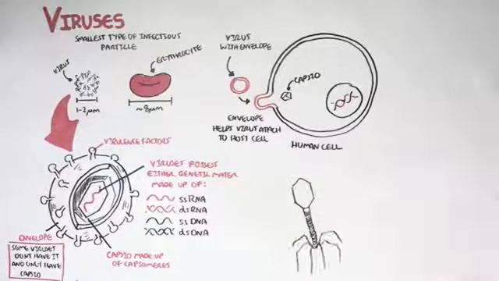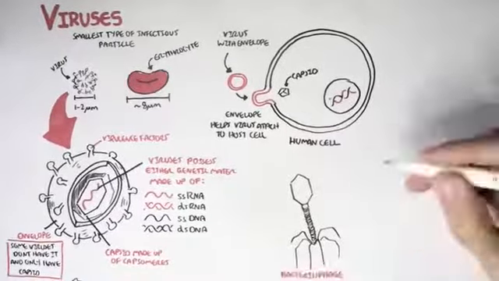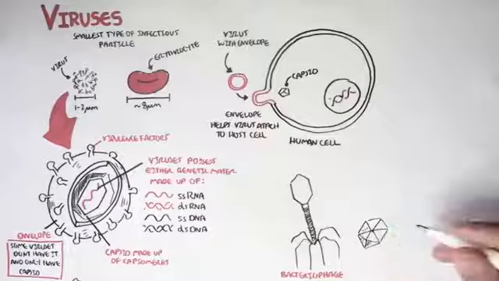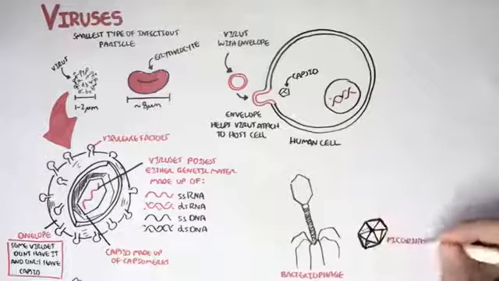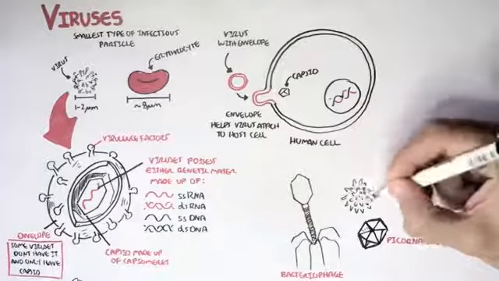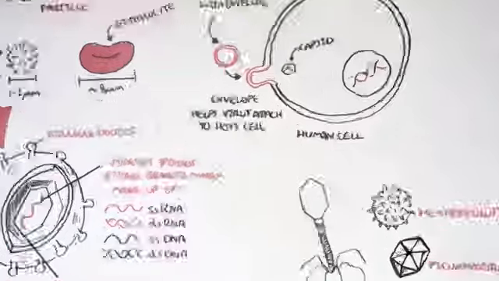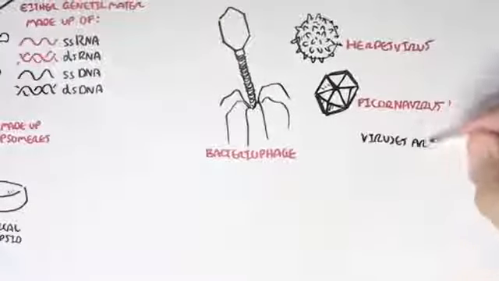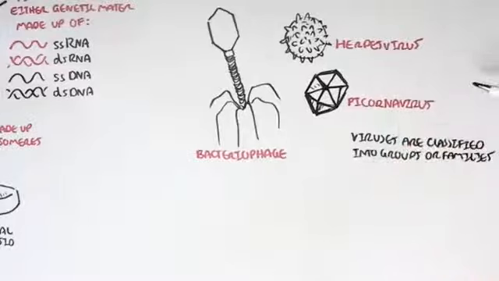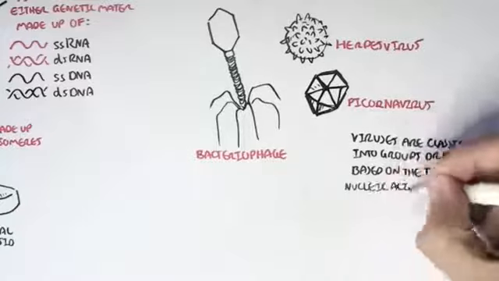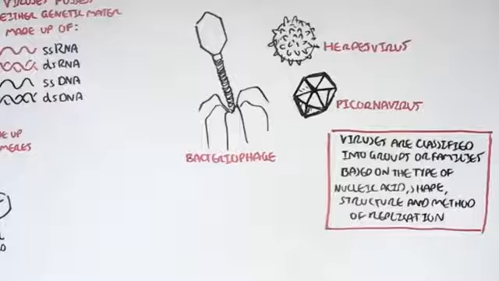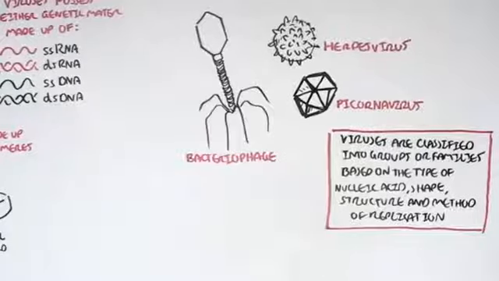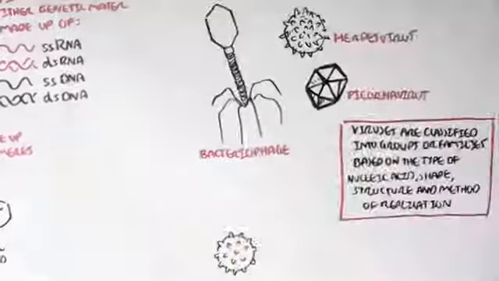Now, there are many types of viruses. Some examples include a bacteriophage that invades bacteria, herpes virus, and picornavirus. And there are much more, of course. Now, viruses are classified into groups or families based on the type of nucleic acid genetic material they contain, their structure, their shape, and their method of replication. So based on all these classifications, there are a lot of different groups of viruses as well as subgroups.